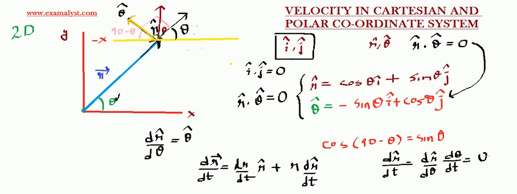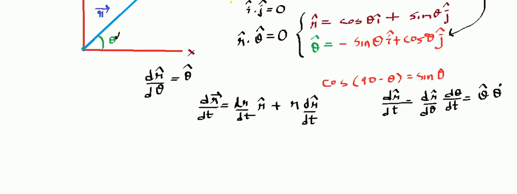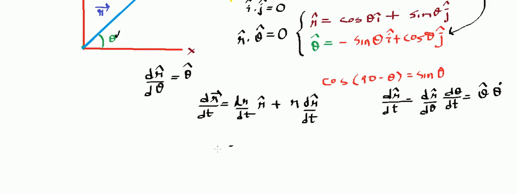So let me write this first term as theta cap and the second term is theta dot. See, we found the same expression for the second term as before. So this is my velocity in polar coordinates, equal to r dot r cap, which was the first term, which is easy, and the second term is r theta dot theta cap.